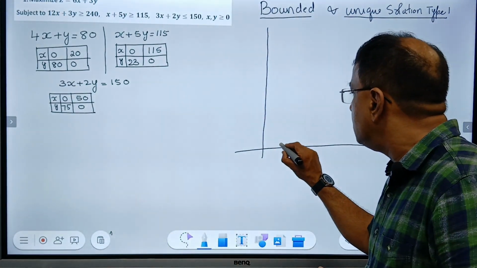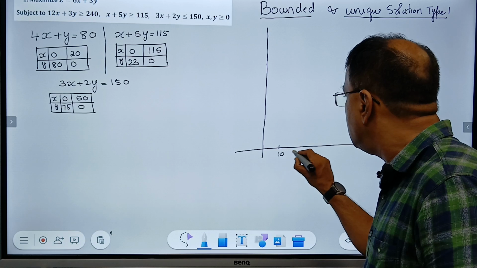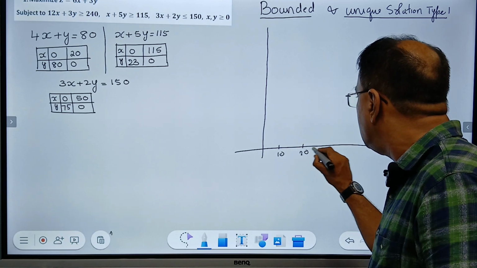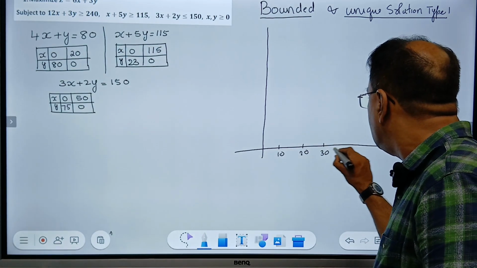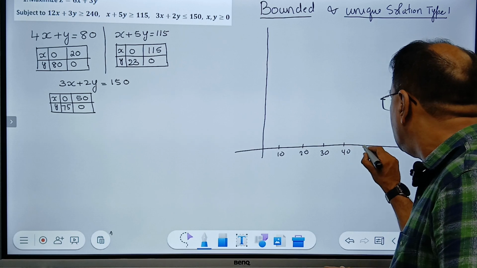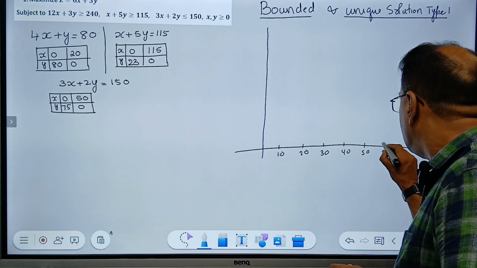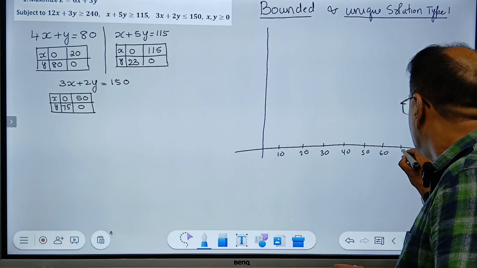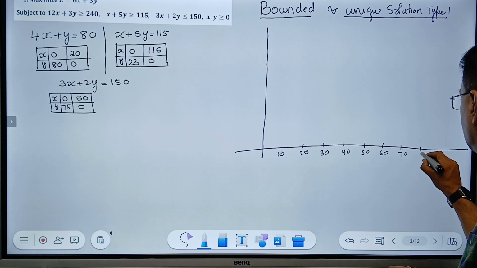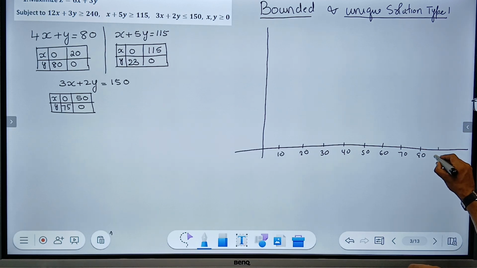So what is this? This is 10, 20, 30, 40, 50, 60, 70, 80, 90, 100, 110.